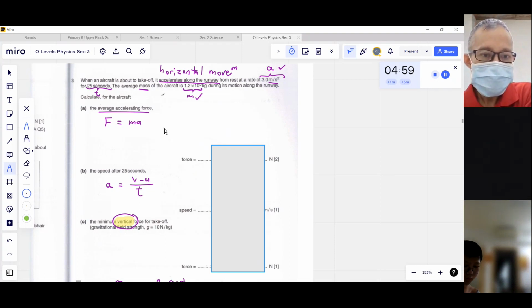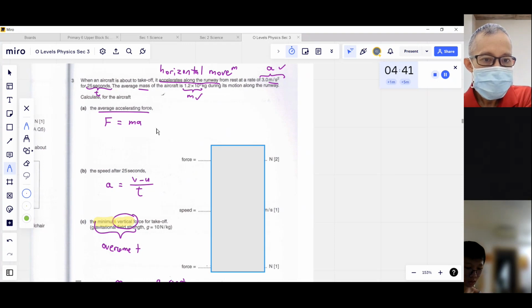So what's the vertical force for takeoff? And in fact, they add in the word minimum. So how do you interpret that? Basically, you have to overcome the weight. That takeoff force has to overcome the weight of the aeroplane.